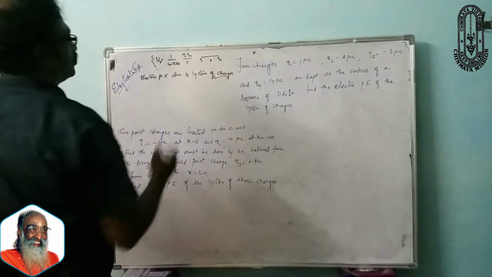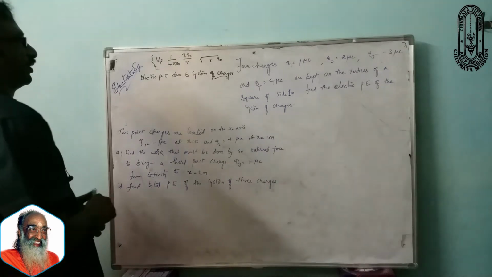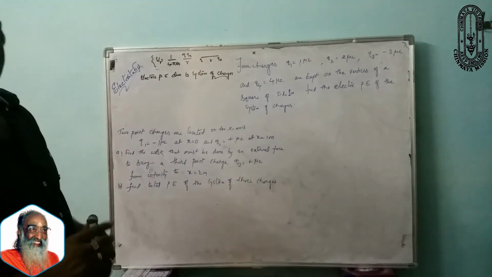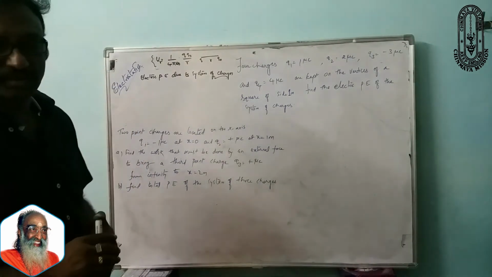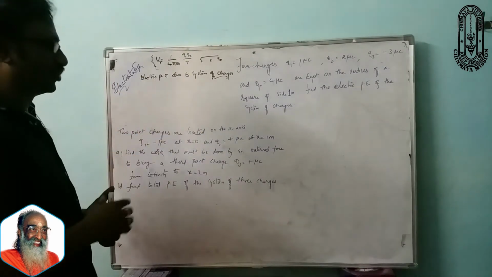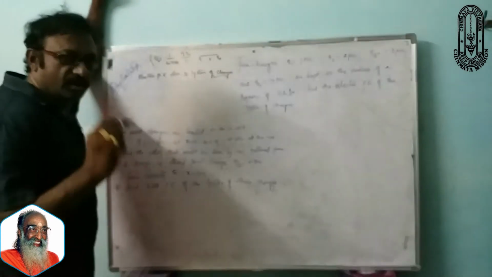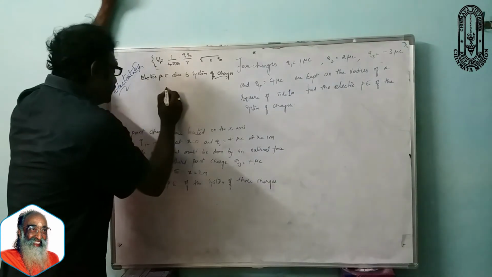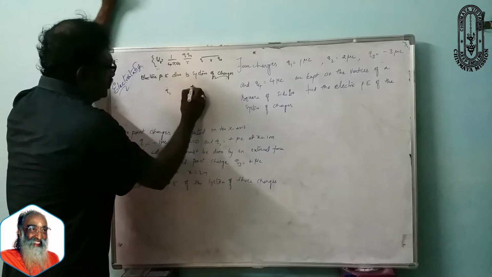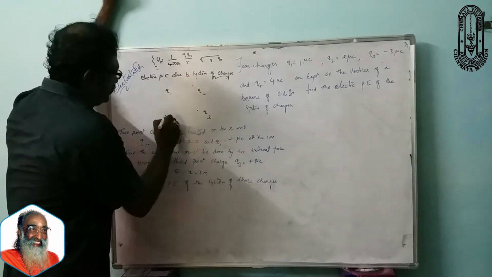So how to go with this? Very simple. Already you know what we did earlier for adding the intensities of electric field, and in the same manner we go here. Suppose a system is there having four charges, let us take Q1, Q2, Q3 and Q4.